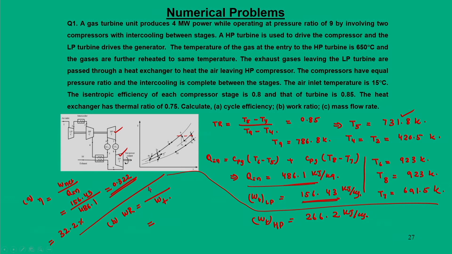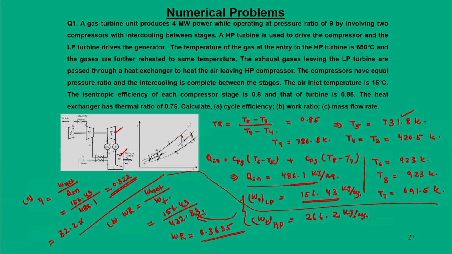So this becomes 156.43 divided by 422.83, which is the summation of these two, so that WR becomes 0.3635. So we get this work ratio, 0.3635.